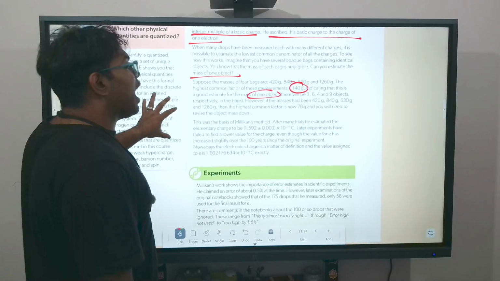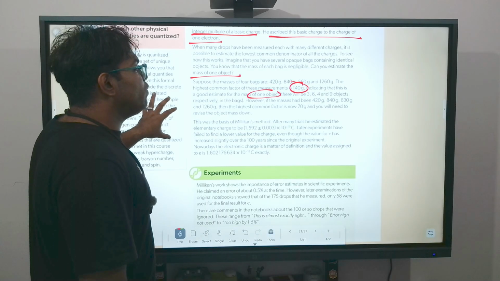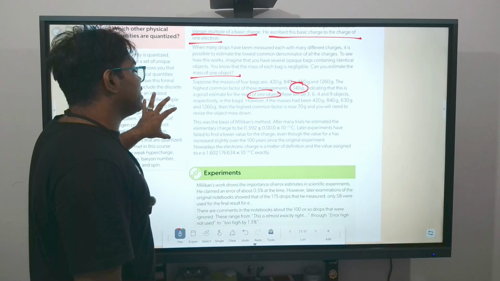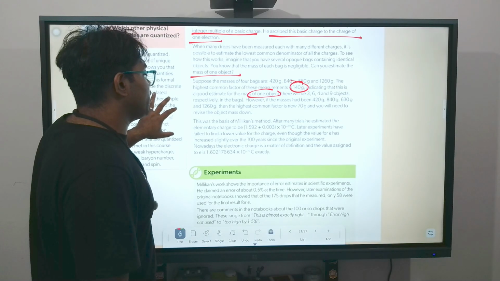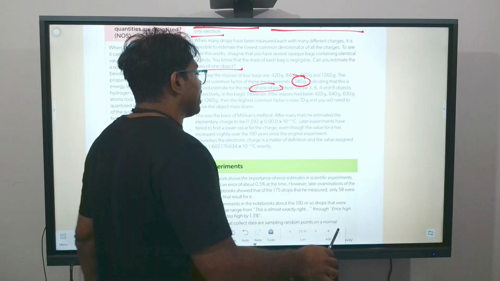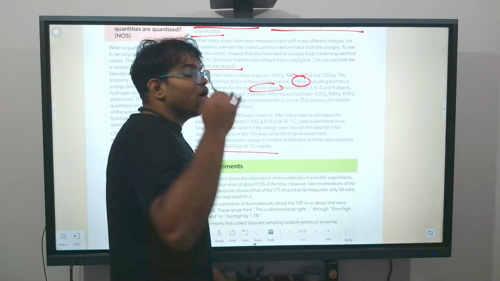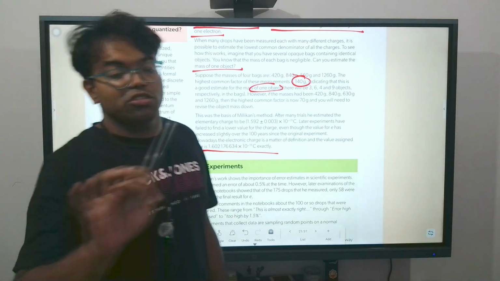Later experiments have failed to find a lower value of this charge, even though the value for e has increased slightly over 100 years since the original experiment. Nowadays, the electronic charge is a matter of definition, and the value assigned to e is 1.6 into 10 raised to minus 19 coulombs. This does not change.